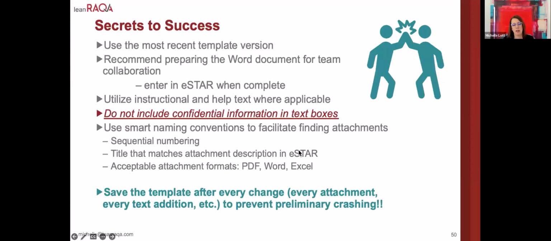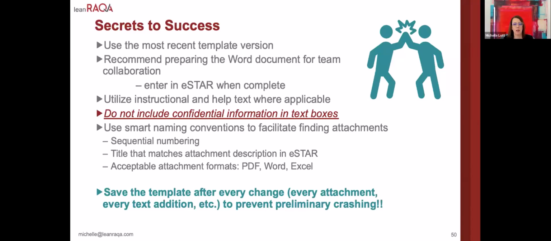But your secrets to success to get there are to use the most recent template version. Recommend preparing the Word document for team collaboration and then entering that text into the eSTAR. Utilize that instructional and help content where applicable, even if you felt confident in the way you understood the question.